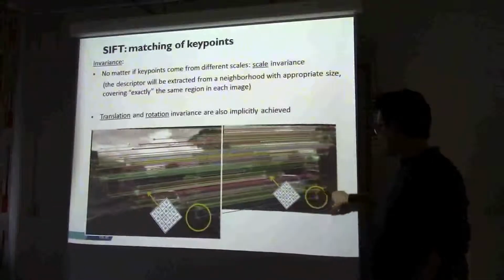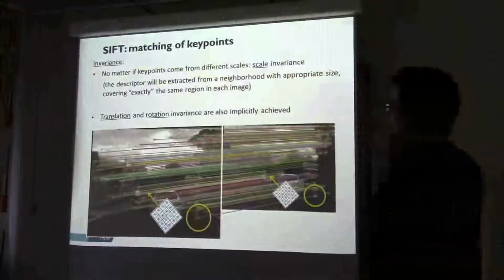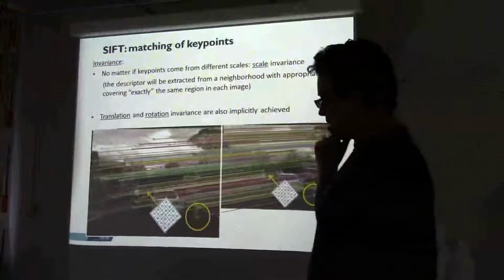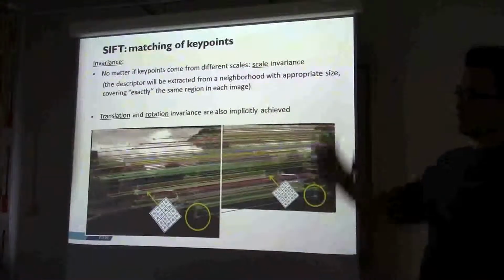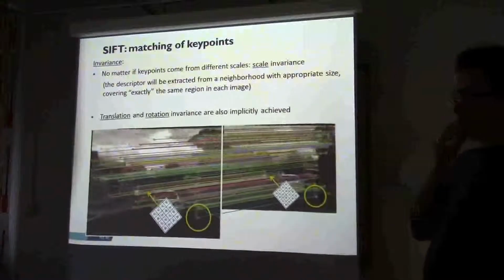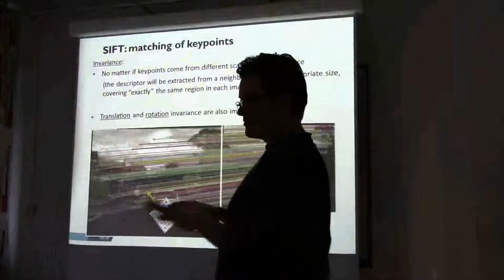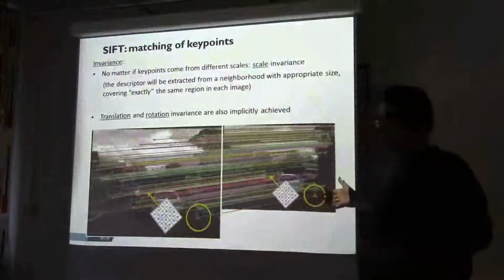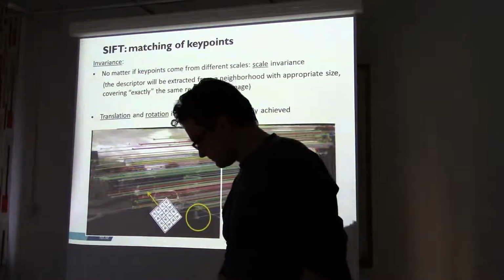So finally you are covering the same region, so hopefully the feature vector is equal. And of course, since we rotate this to the predominant orientation, we get rotation invariance. And translation invariance because we allow the point to be detected in any region of the image.